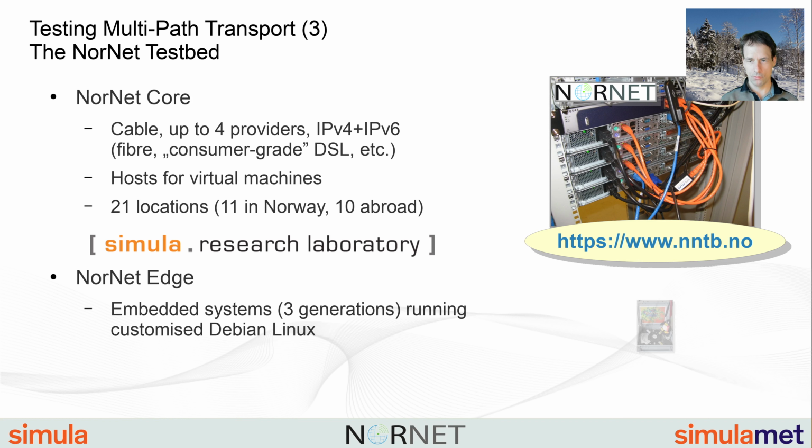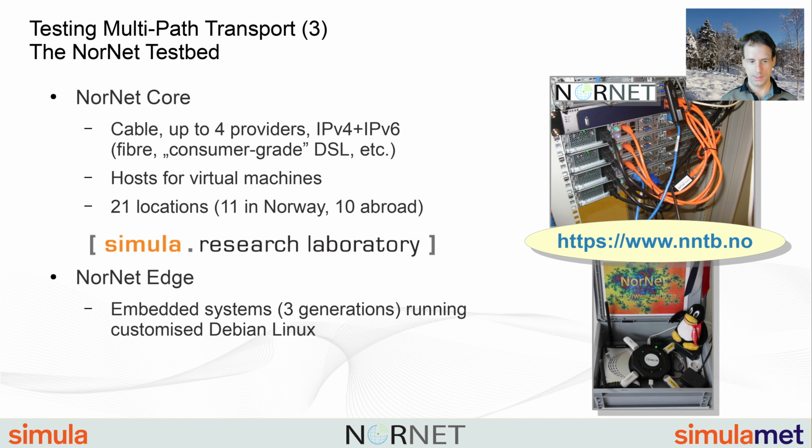But of course landline is not the only kind of network we have today. Also quite important are mobile networks. So NorNet also has another part called NorNet Edge, for which we distributed around 200 embedded systems all over the country of Norway, running Debian Linux and connected to different mobile broadband providers here in Norway.